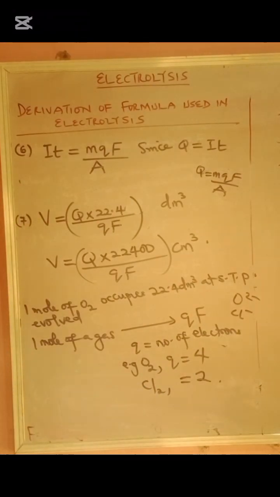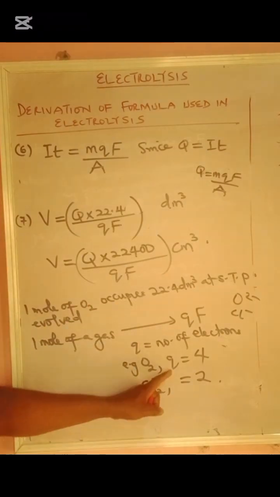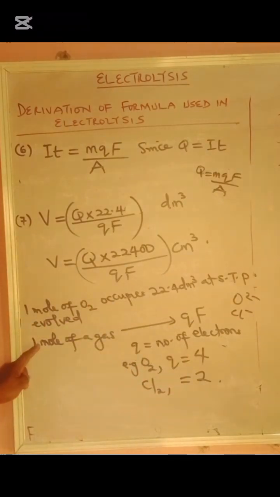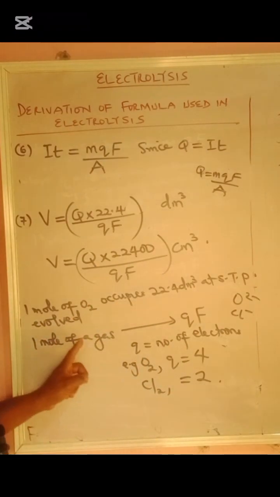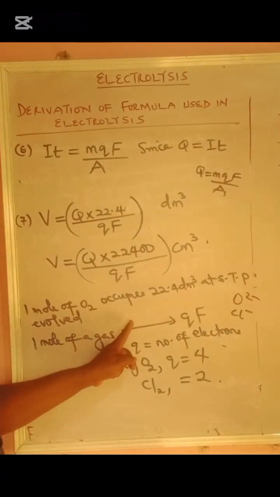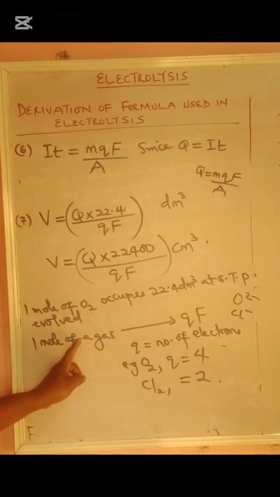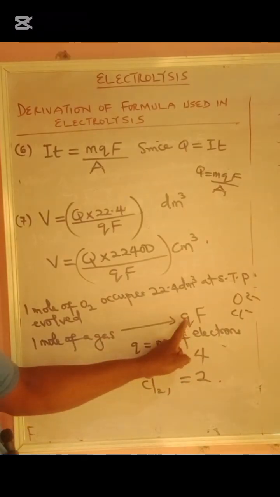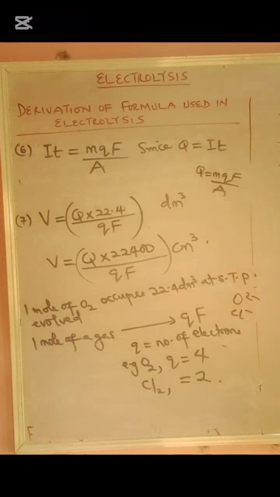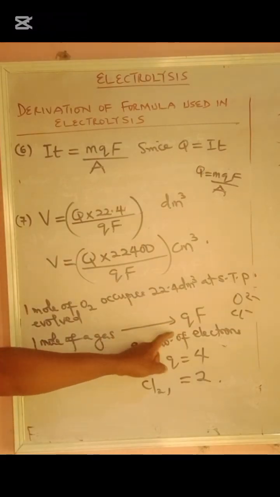So that's the meaning. Like oxygen now, 1 mole of oxygen gas will require 4 Faradays. 1 mole of chlorine gas will require 2 Faradays, and so on and so forth. So this is what we have.